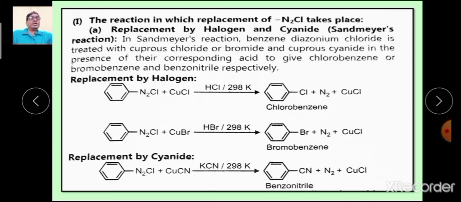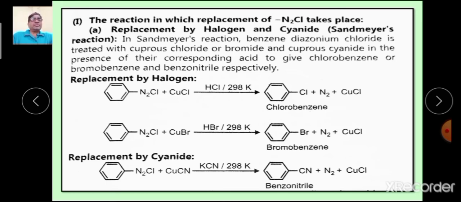Look here, this is a benzene diazonium chloride. When cuprous chloride is used, the corresponding hydrochloric acid is used, and the temperature, of course, 298. Chlorobenzene is formed, N2 is released, and therefore the reaction is replacement of the N2Cl group.